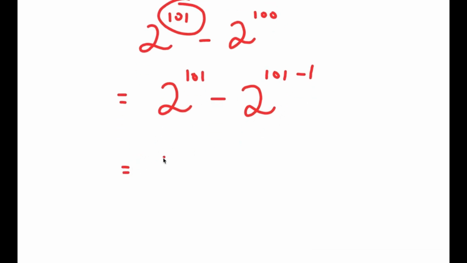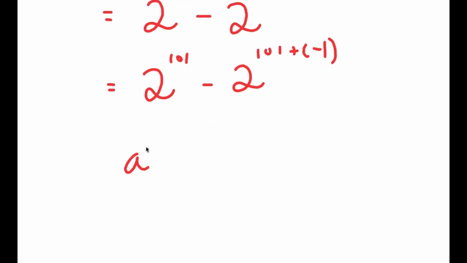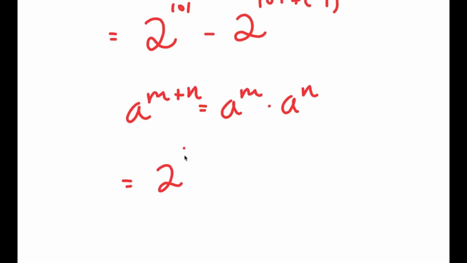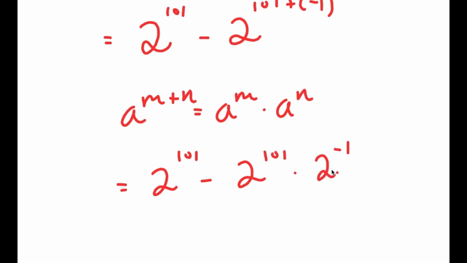And this is the same thing as 2 to the power of 101 minus 2 to the power of 101 plus negative 1. Now, if I use that property again, that states that a to the power of m plus n is equal to a to the power of m times a to the power of n, I get 2 to the power of 101 minus 2 to the power of 101 times 2 to the power of negative 1.